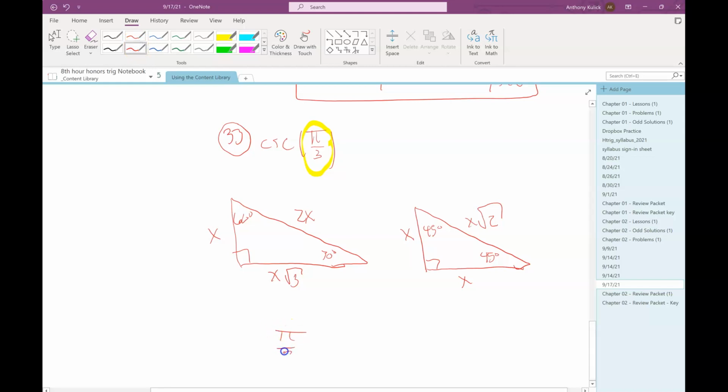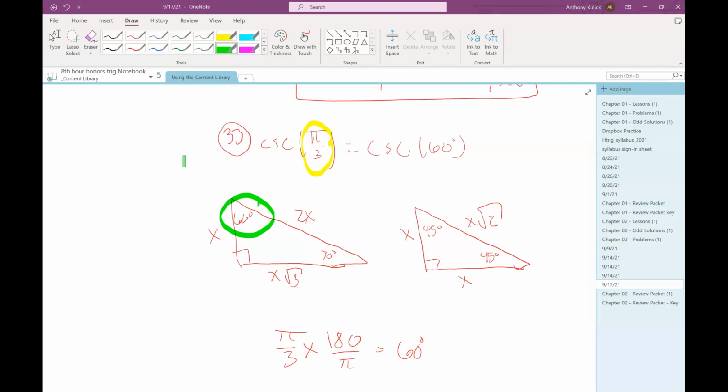Well, if you're not sure, let's just do the conversion to degrees. So pi over 3 is 60 degrees, just multiplying by 180 over pi. So I'm going to be using the 60 degree angle.